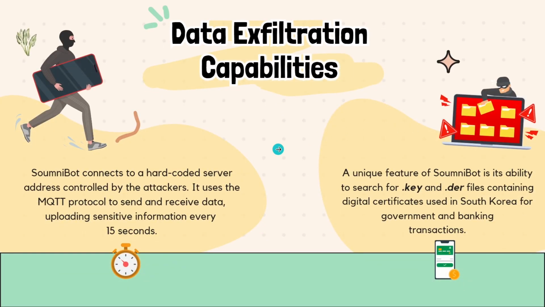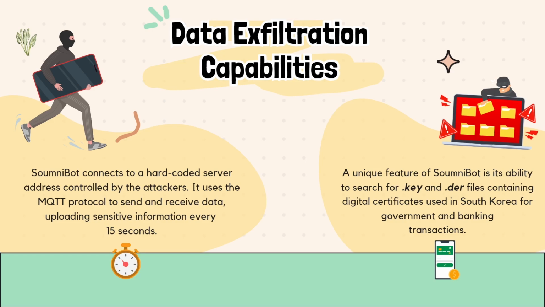Once installed on a device, SomniBot establishes a connection to a predefined server address controlled by the attackers. It communicates using the MQTT protocol, a lightweight messaging protocol ideal for IoT devices and mobile applications.